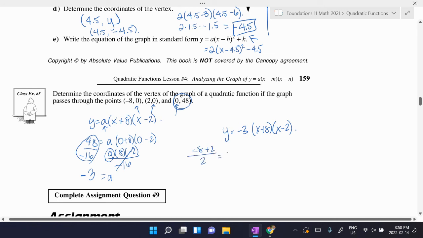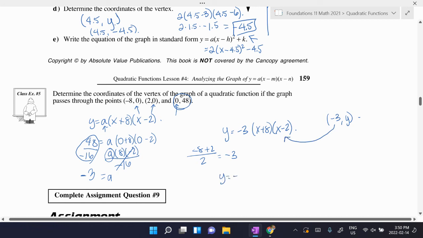So it's negative 6 divided by 2, so it's negative 3. So our vertex is going to have a negative 3 there. We just need to find what the y is. Well, I'm going to just plug that right into here and find out what the y is.